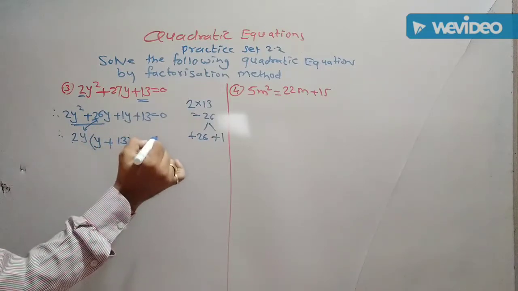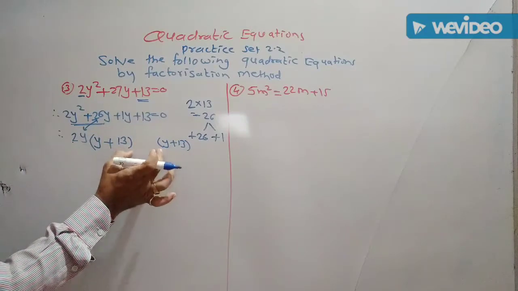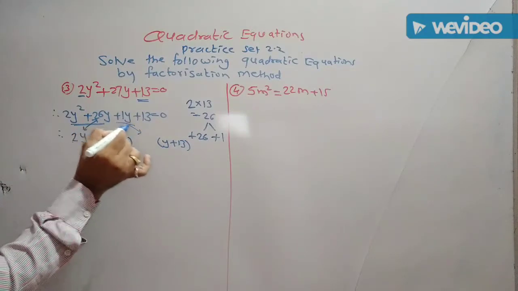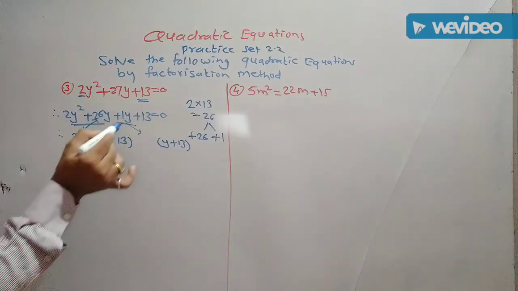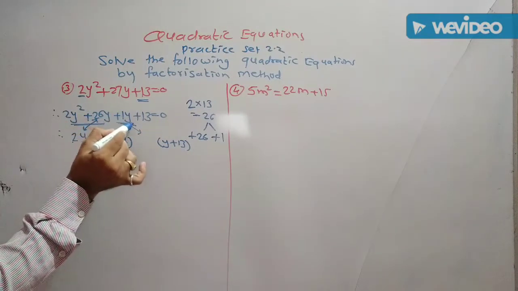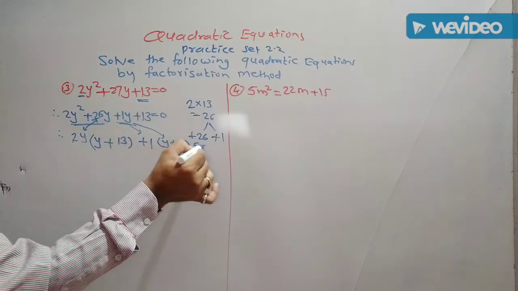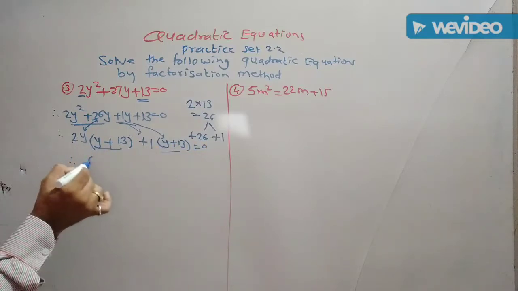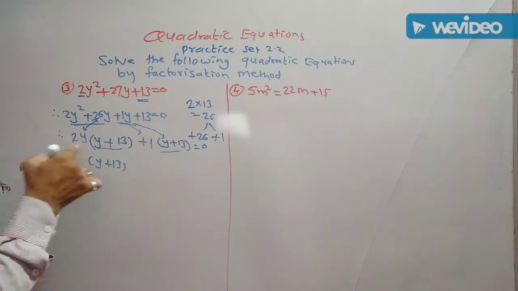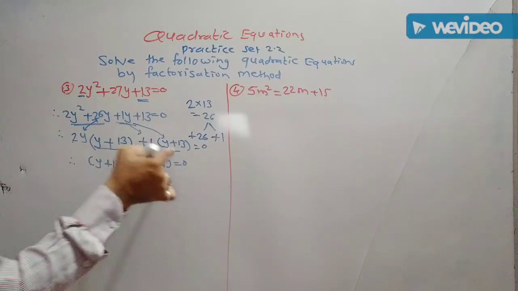Now write the same bracket after some distance of that bracket, and in the place in between these two brackets we write the remaining third term after taking the common from that. Now from this plus 1y, y gets common in the bracket, remaining is plus 1, therefore here we write plus 1. Now again we get the two common brackets, y plus 13, and in the second bracket we write the remaining terms of the equation, 2y plus 1.